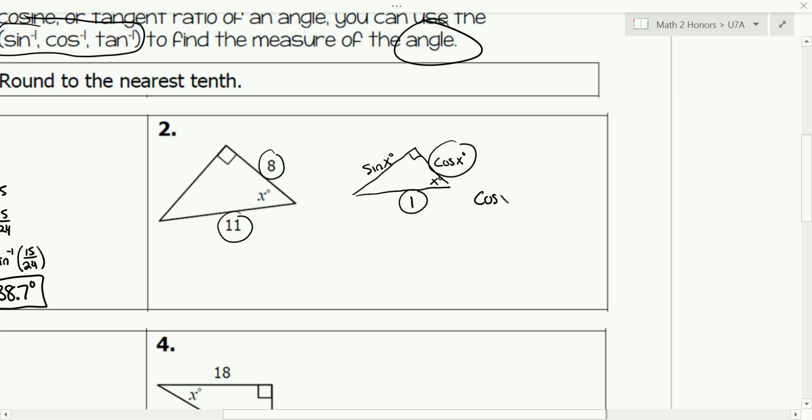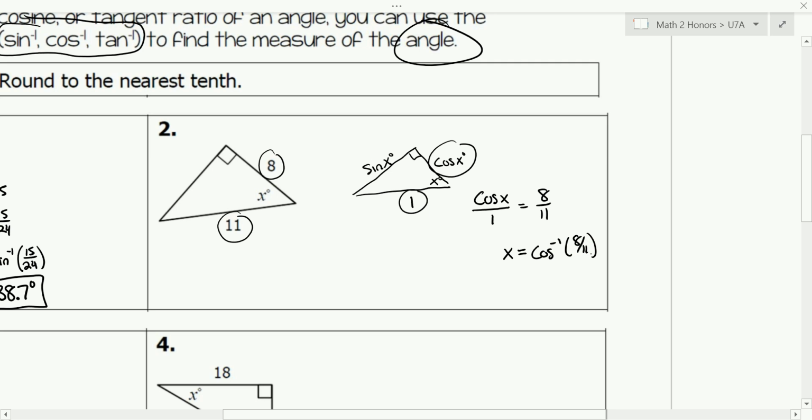If I go cosine of x over 1 is 8 over 11, I don't need to cross multiply now because it's already solved for cosine x. Right? Because that over 1 is itself. And so my next step would just be, well, then x is the inverse cosine of 8 over 11. And now it's already calculator time.